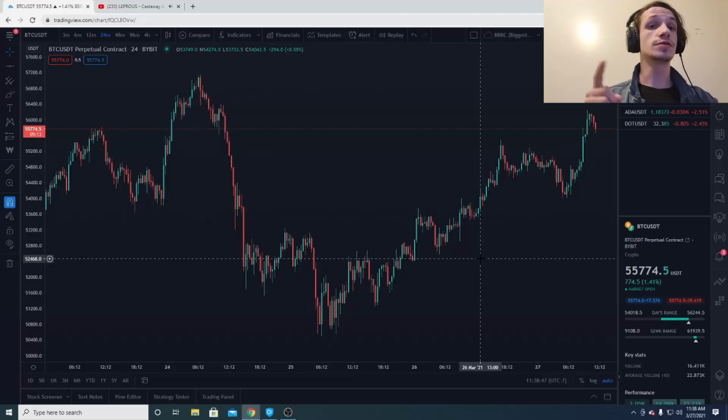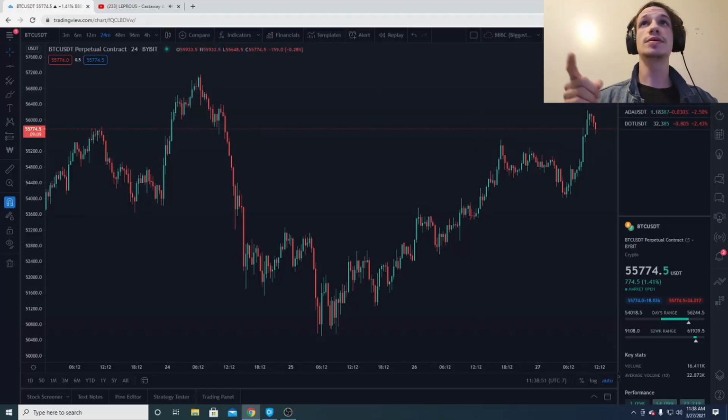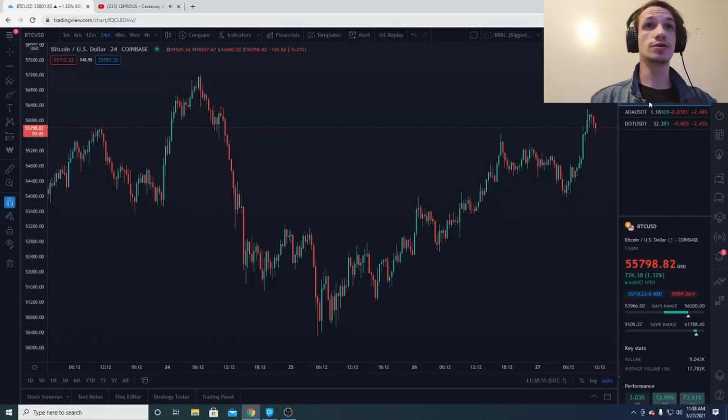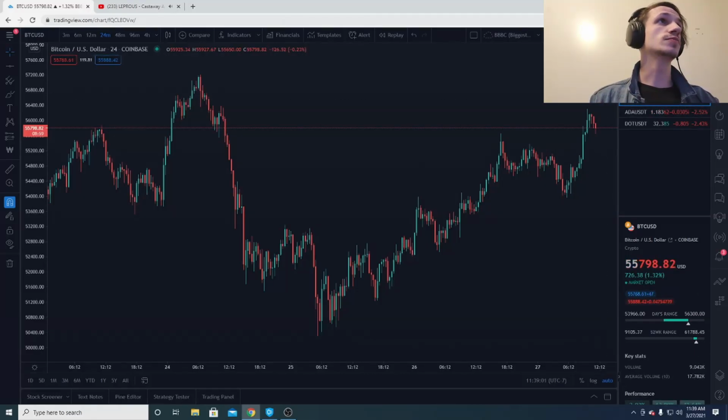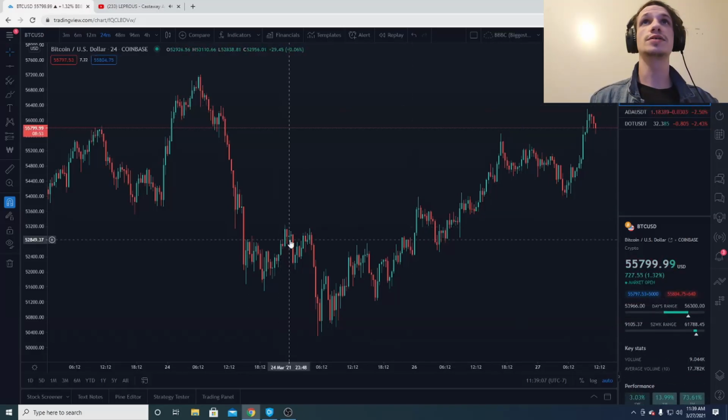Another thing I noticed is that instead of using the Bybit charts, he uses the Bitcoin USD Coinbase charts, because the Bybit charts are a little off, a little wonky. So for the sake of this tutorial, I'm just going to use the BTC USD chart on Coinbase.